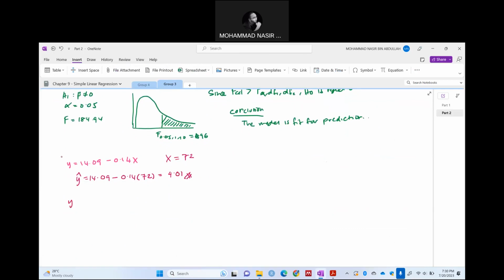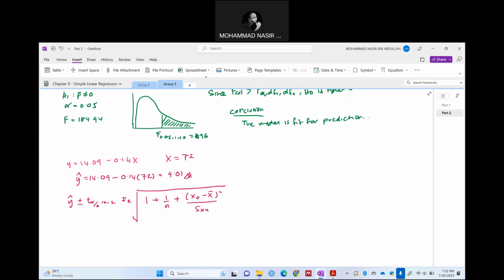So y hat plus minus t alpha divided by 2, n minus 2, standard error, multiply with the square root of 1 plus 1 over n plus x naught minus x bar square divided by Sxx. Right?